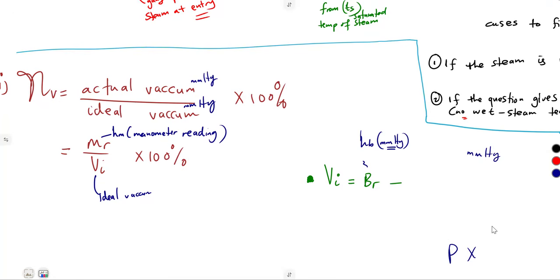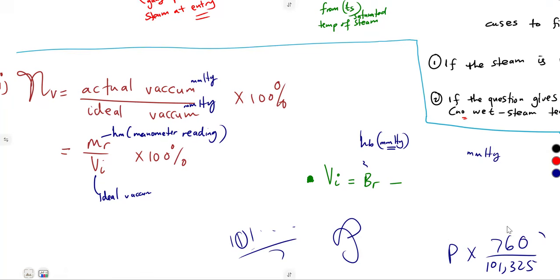You have been using 101.325 over 760. You just interchange, so it will be 760 over 101.325. It's a conversion to the units of mercury. But which pressure are we going to use that we want to change its units? It is the steam pressure.